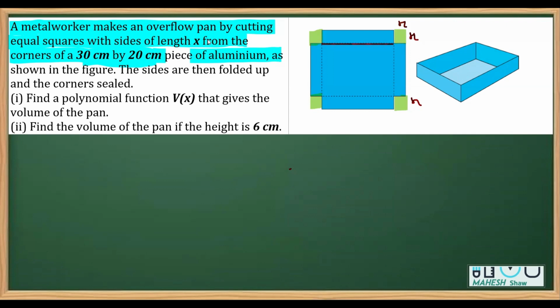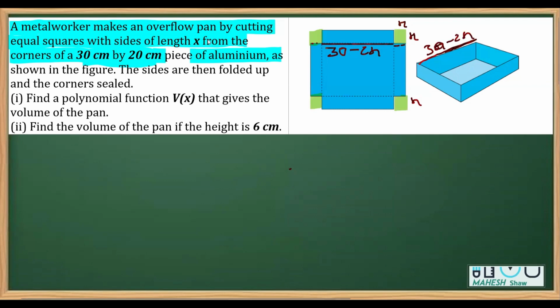So the new length should be 30 minus 2x, as x is cut from this side and x is cut from this side. So the length is 30 minus 2x.